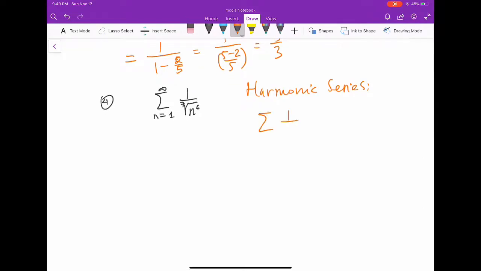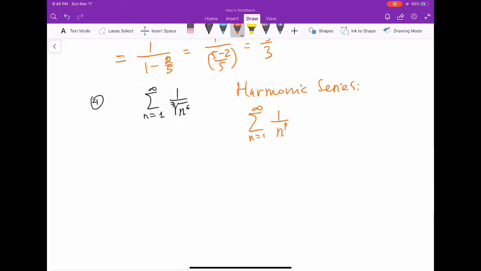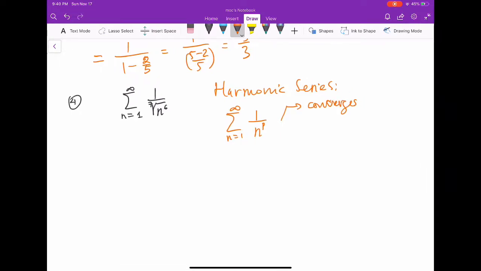A series 1 over n to the p, n from 1 to infinity. And we know that this series converges for p greater than 1, and diverges for p less than or equal to 1.